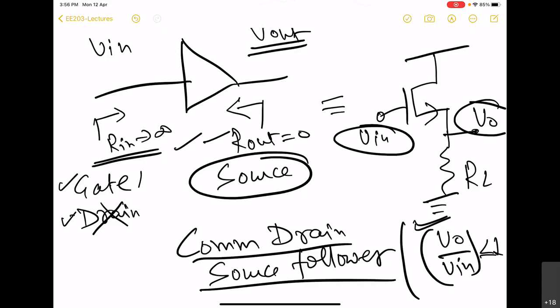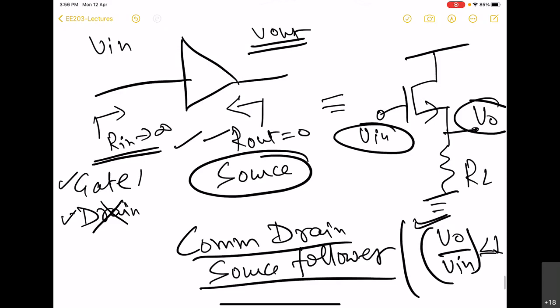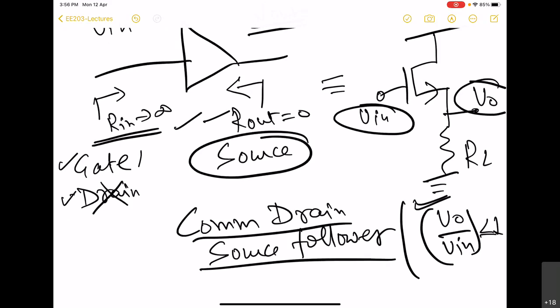So that can be done, fortunately, with slight modification. We will have to use the source, because R out being 0 can be fulfilled by using the source as the terminal. So the source has to be the output quantity.